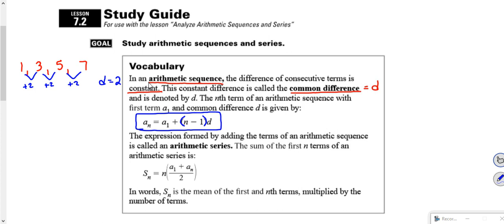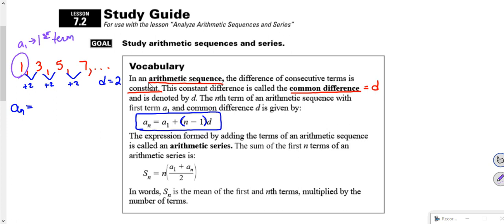So if I'm trying to find the rule for the sequence I put up here, I'll just use this as an example. If I use my formula, this is going to be a sub n equals my a1. Remember, this is my a sub 1. It's my first term.